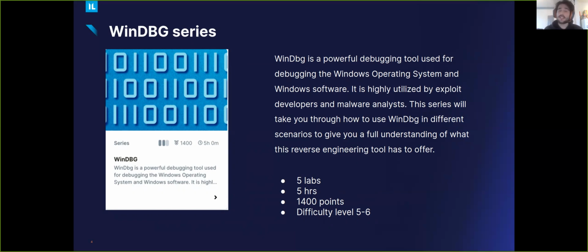And these are techniques that malware and shellcode often do, looking at the process environment block, for example. And we're going to show you how to do that sort of stuff in WinDBG.